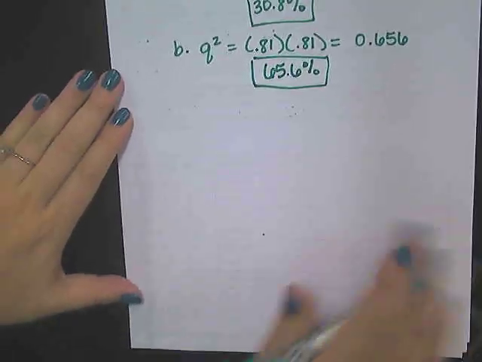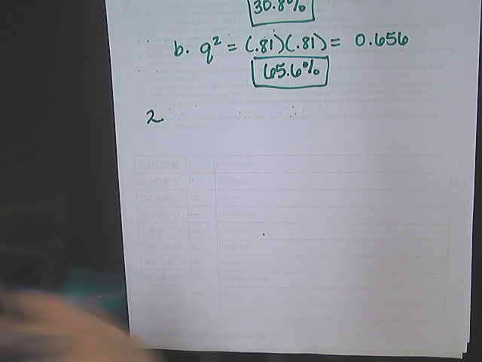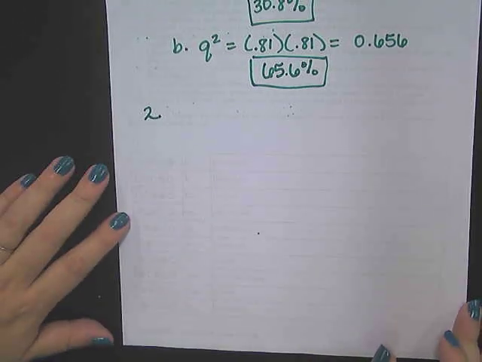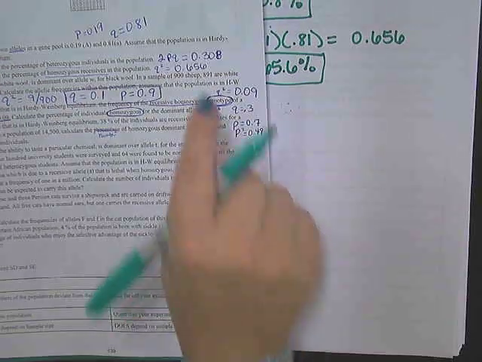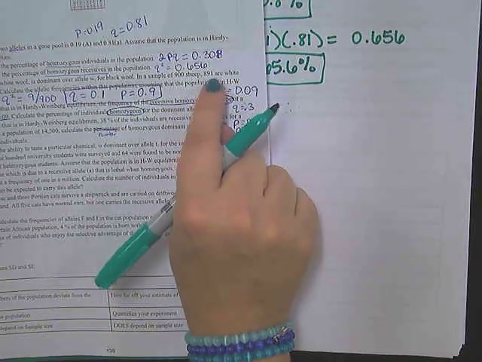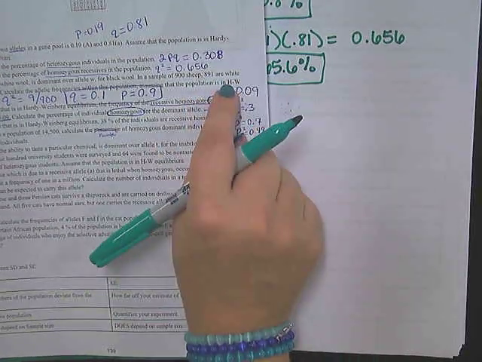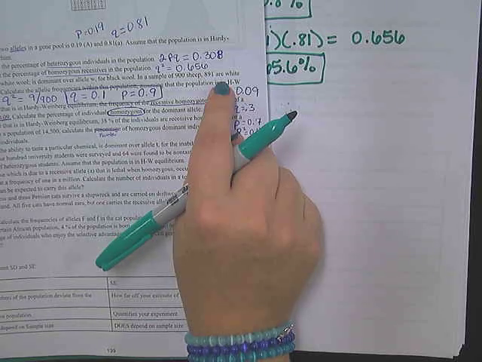For question number 2, the allele for white wool is dominant over black wool. In a sample of 900 sheep, 891 are white and 9 are black. Calculate the allelic frequencies within this population, assuming that the population is in Hardy-Weinberg equilibrium. And keep in mind that these that are white, these 891, you can't tell if they're homozygous dominant or heterozygous. They're just white.